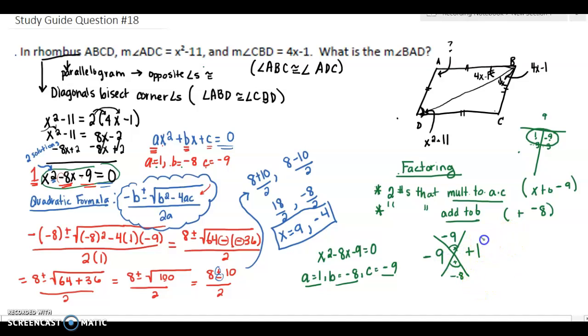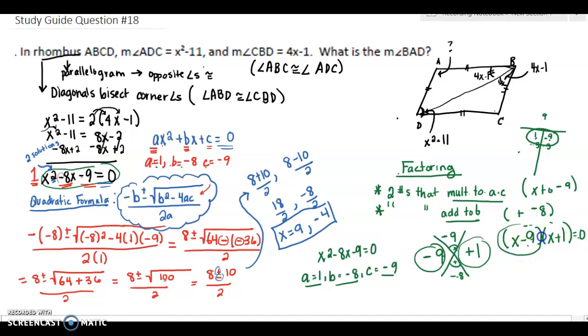Okay, so I use these two numbers to factor. So (x minus 9)(x plus 1) equals 0. Okay, the hard part's over. Now, when I multiply these two factors and get 0, that means one of these has to be equal to 0.